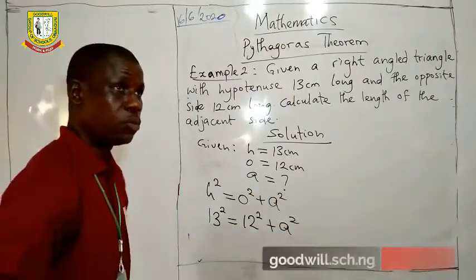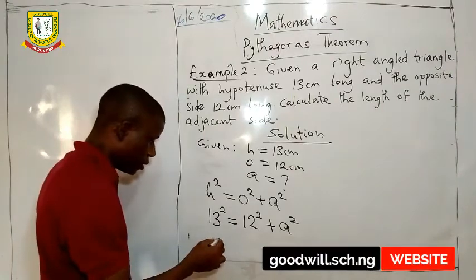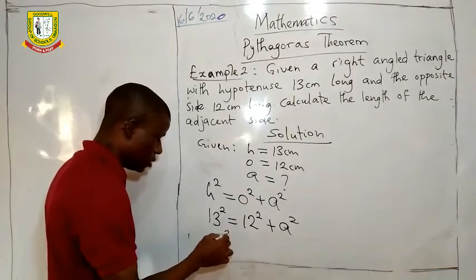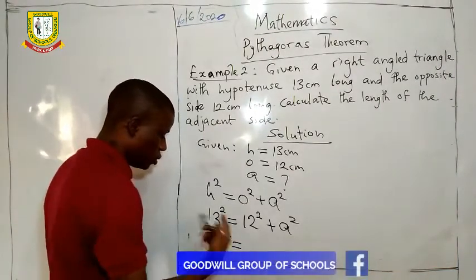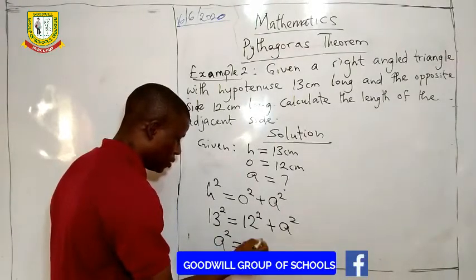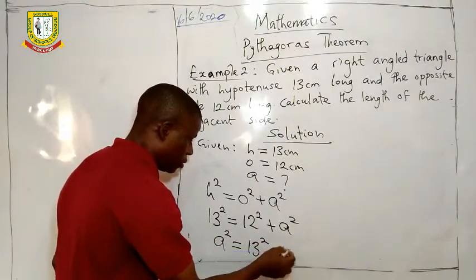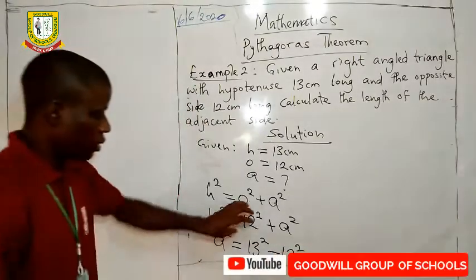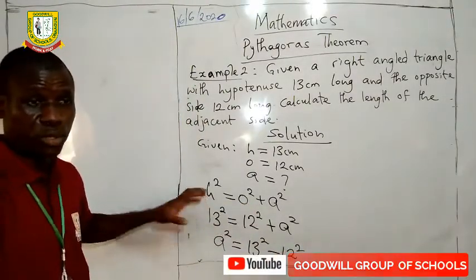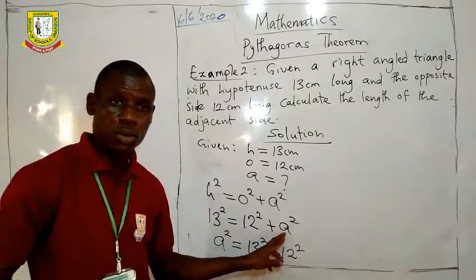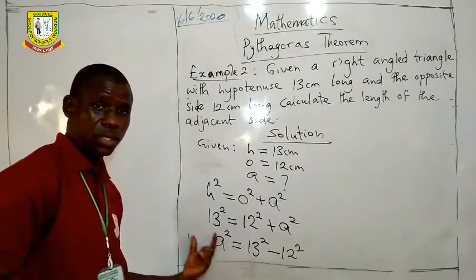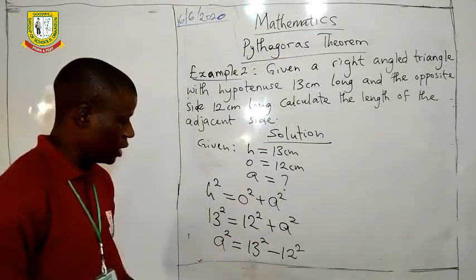Now from here we have the adjacent square is equal to 13 squared minus 12 squared. That is, we've taken the like terms together, and the unknown value is separate on its own.